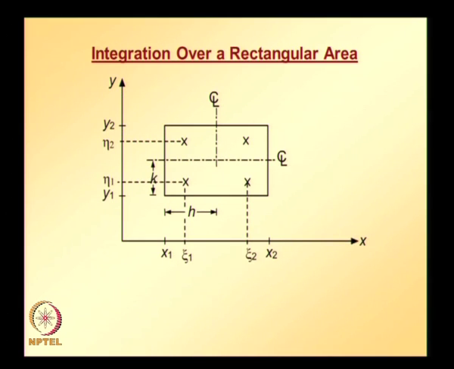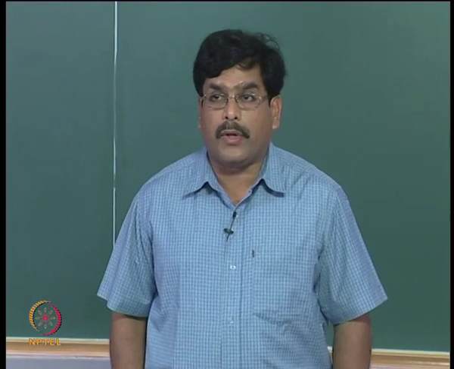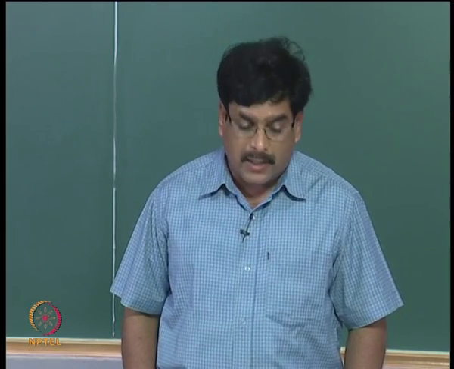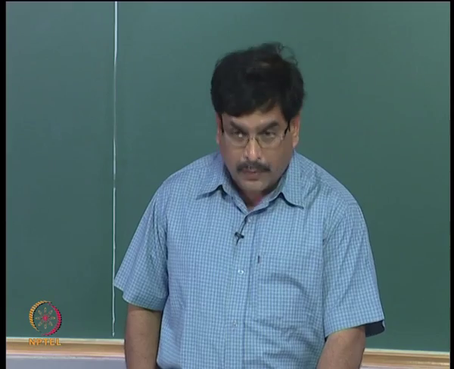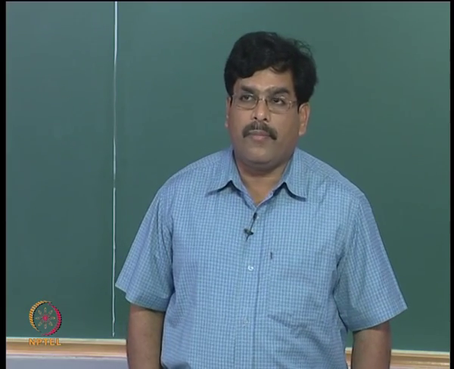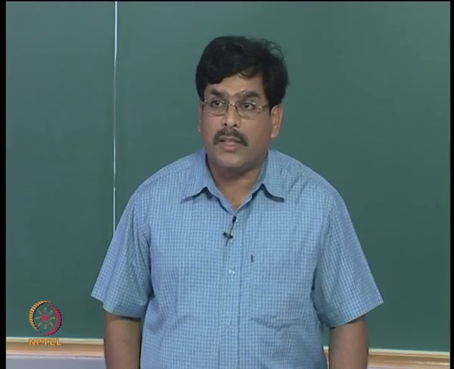So, now let us look at how to evaluate integration over a rectangular area using Gauss quadrature rules or Gauss-Legendre rules. First we need to identify the locations of the integration points, which are indicated in the figure of the rectangular area. Since the function is in terms of x y, we need to express these integration points in terms of x y.